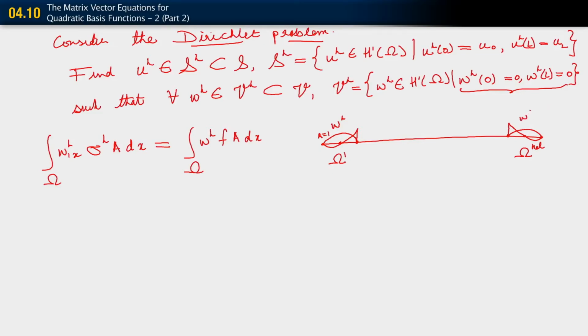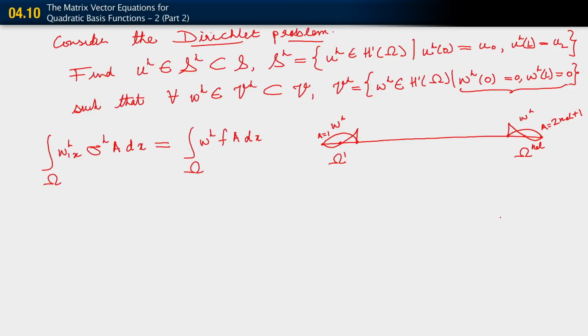Likewise, for the weighting function here, node A equals 2NEL plus 1 has no contribution. However, node A equals 1 and node 2NEL plus 1 do have contributions for u^h. It's only for w^h that they don't have contributions.